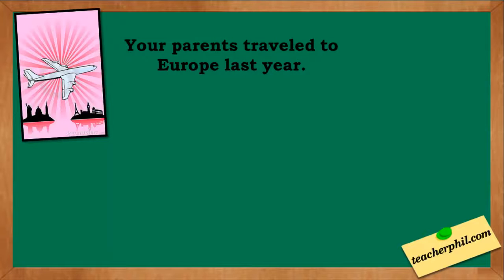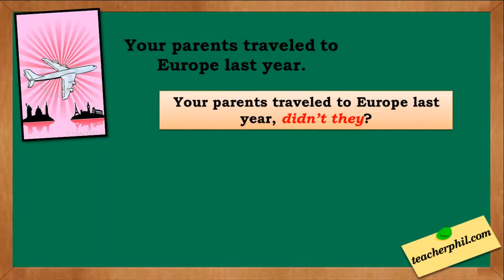The fourth one, your parents traveled to Europe last year. The correct answer is, your parents traveled to Europe last year, didn't they? We don't have an auxiliary verb here. We only have the main verb traveled. Therefore, we need to use the verb did, since the action traveled is in past tense.